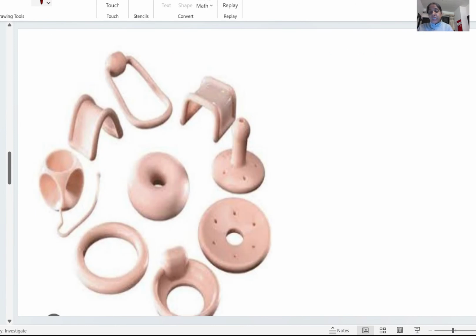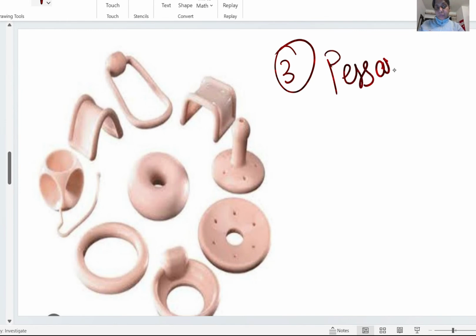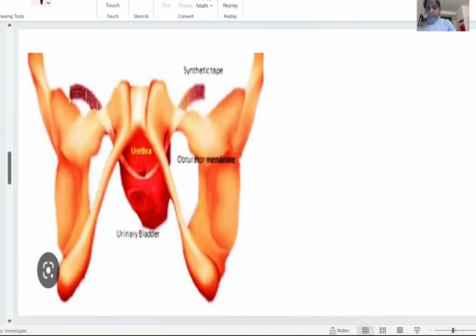Identify this structure. Very good. Identify this third structure. Please write down in the chat box. You all are not writing. Please write down what this third picture is. Pessary. What is this image?